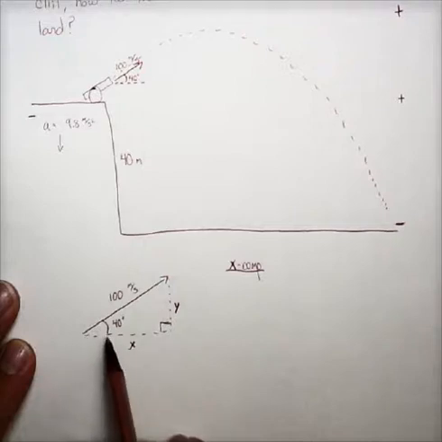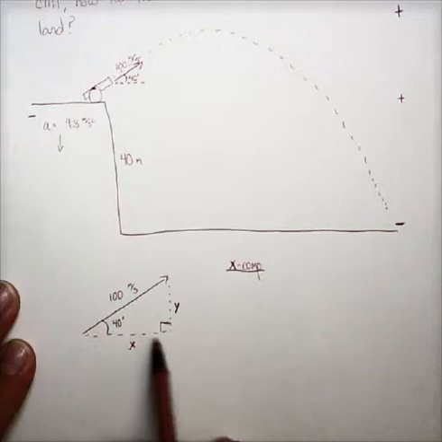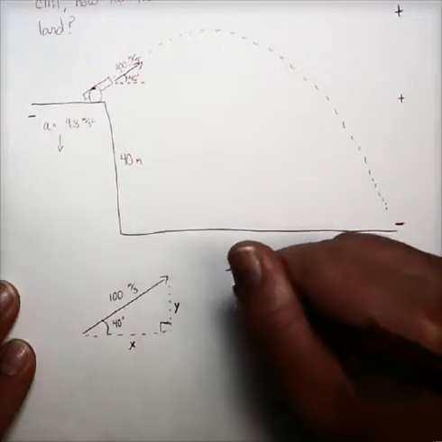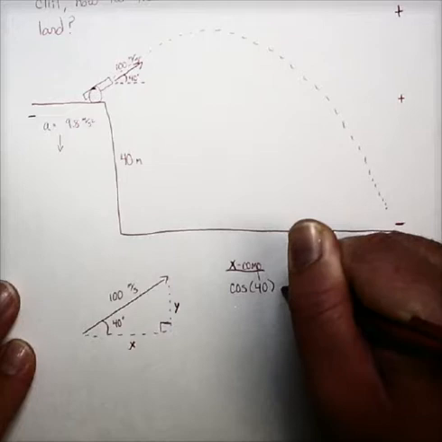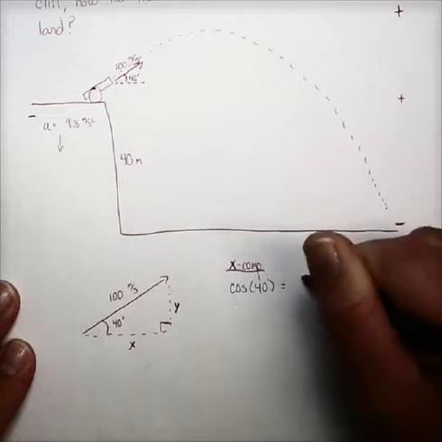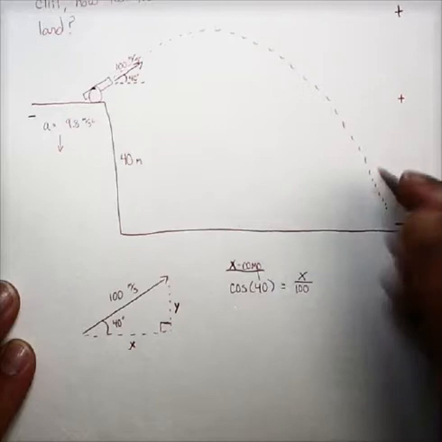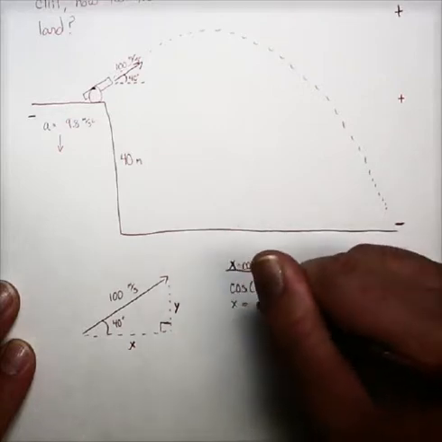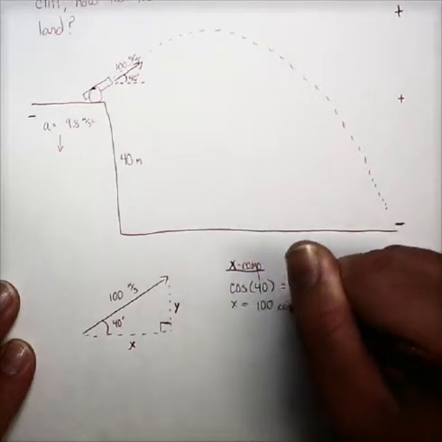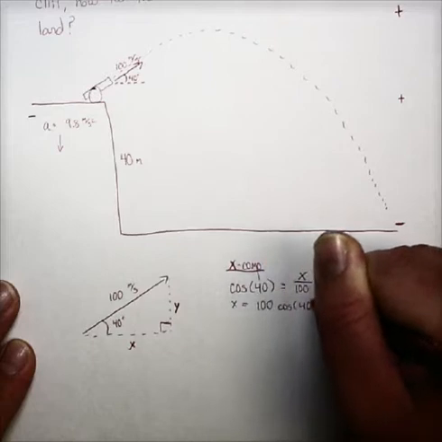And if you remember SOHCAHTOA, cosine is the one that deals with the adjacent side. So I can say that the cosine of 40 is going to be equal to the adjacent side over the hypotenuse. And so my x component will just be 100 times the cosine of 40.